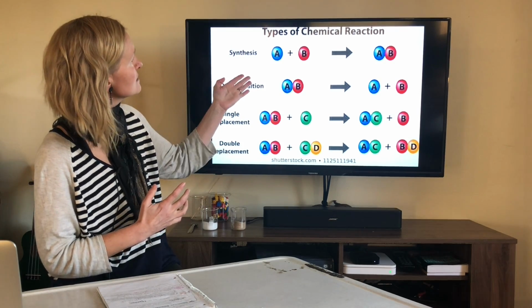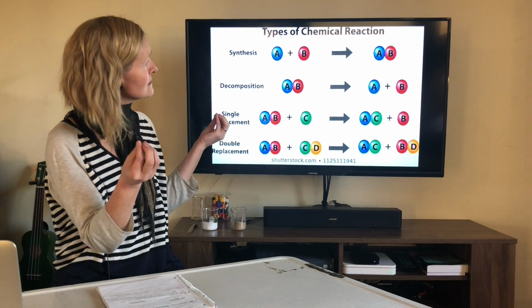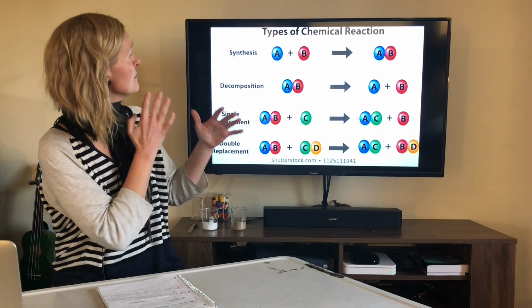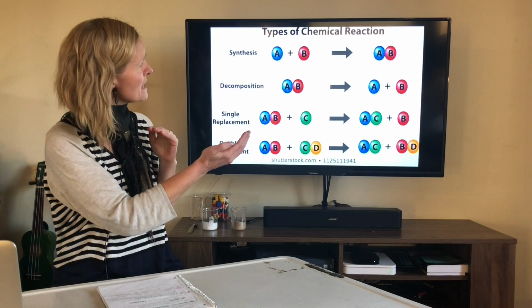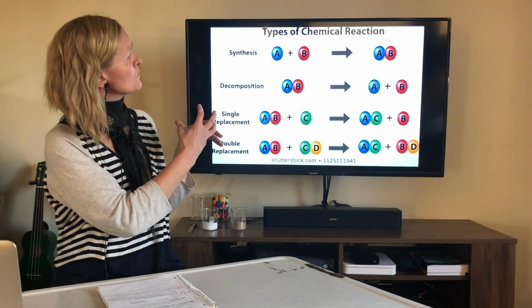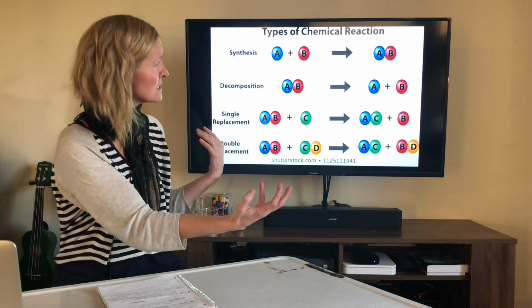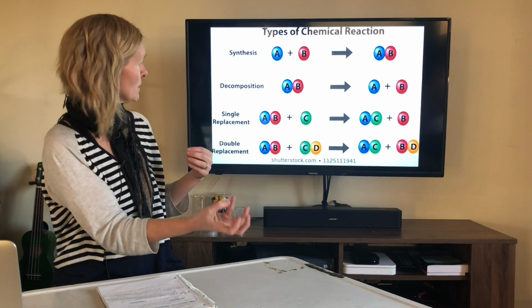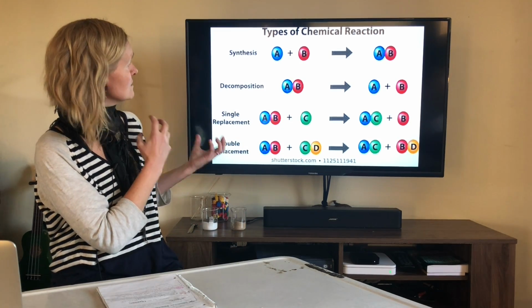We have the synthesis, where we have 2 reactants that come together to form one new product. Then we have decomposition, which is basically the opposite. We have one reactant, and what happens is it decomposes into 2 new products. So product A and product B. Then we have what's called a single replacement.